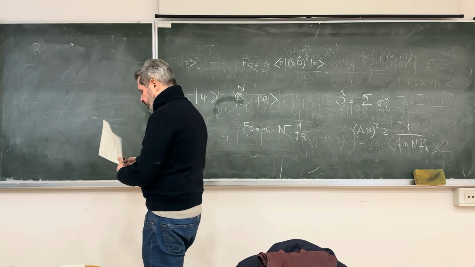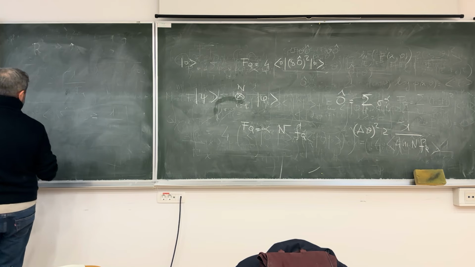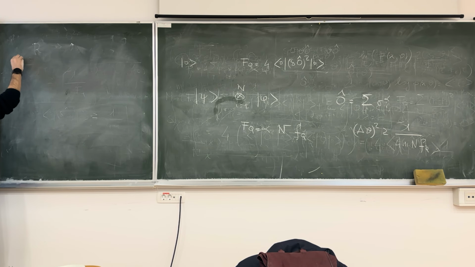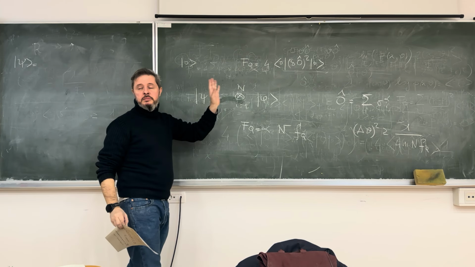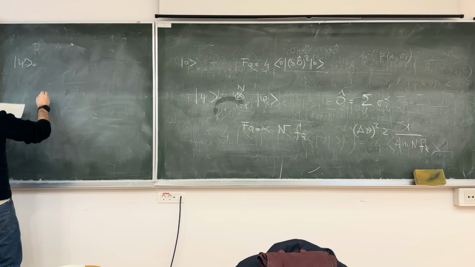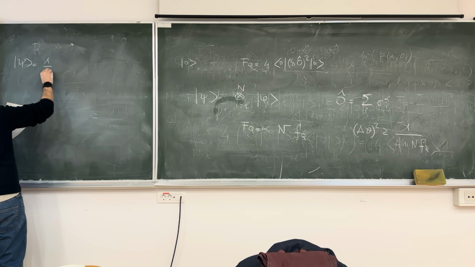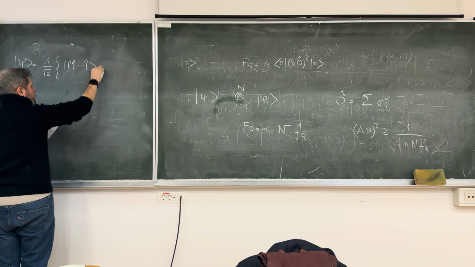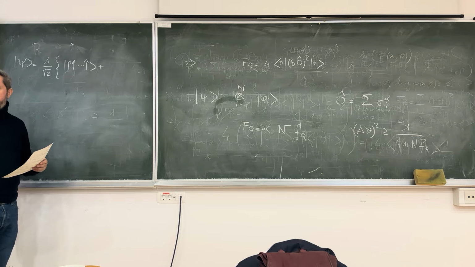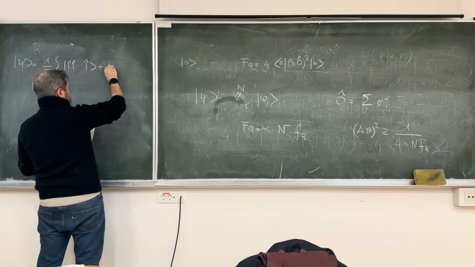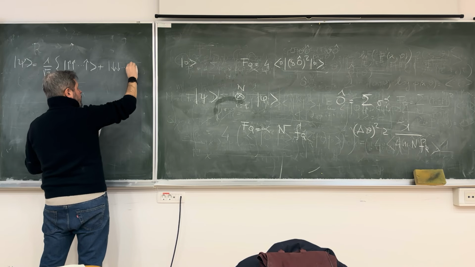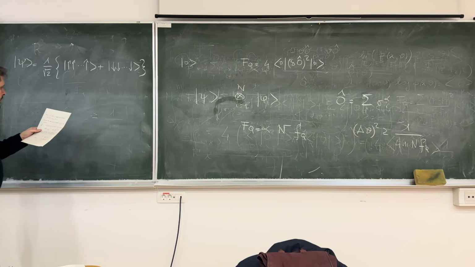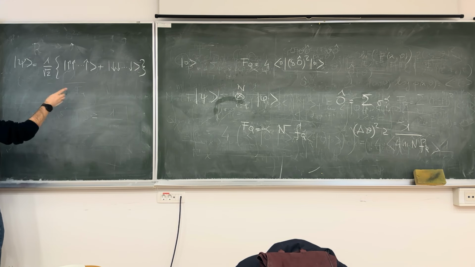Let us consider now a different situation, a rather opposite situation. Imagine that your state is not a product state like this one, but is a maximally entangled state, in which all spins are, I think it's called a GHZ state, but I don't remember who is G, who is H, and who is Z. And imagine that, again, you do something similar.